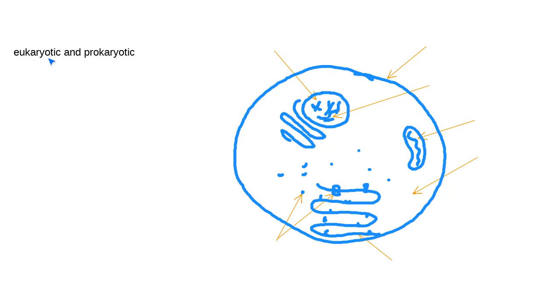Plant cells, animal cells, and human cells are all eukaryotic, which means that they have a cell membrane around them, and they also have nuclei. So the first one that I'm going to label is your cell membrane. If you were a plant, you would also have a cell wall. But because you're an animal, you only have a cell membrane surrounding the cell.